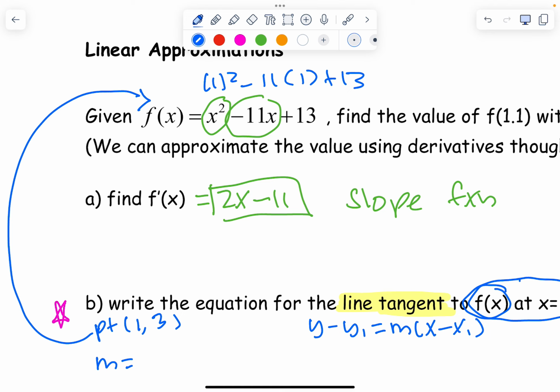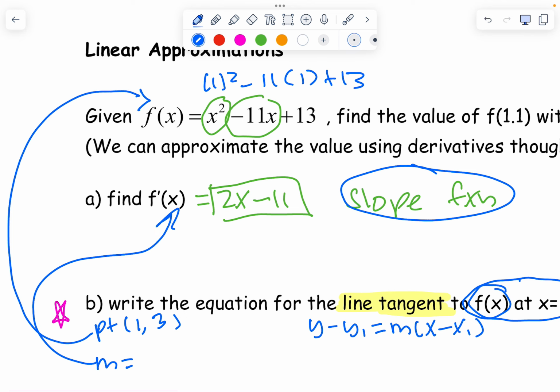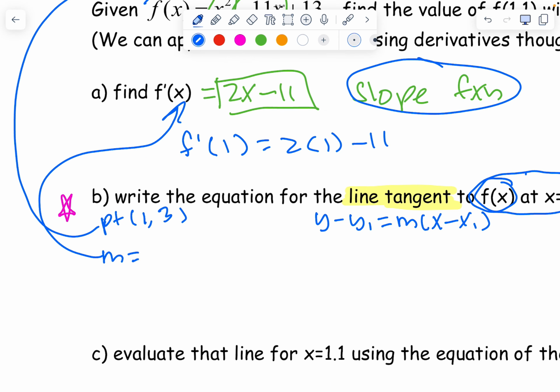For my slope, I told you that's my slope function, so we're going to use this right here. We have f prime of x is 2 times 1 minus 11. Should be a negative whole number, correct? Negative what? Negative 9.